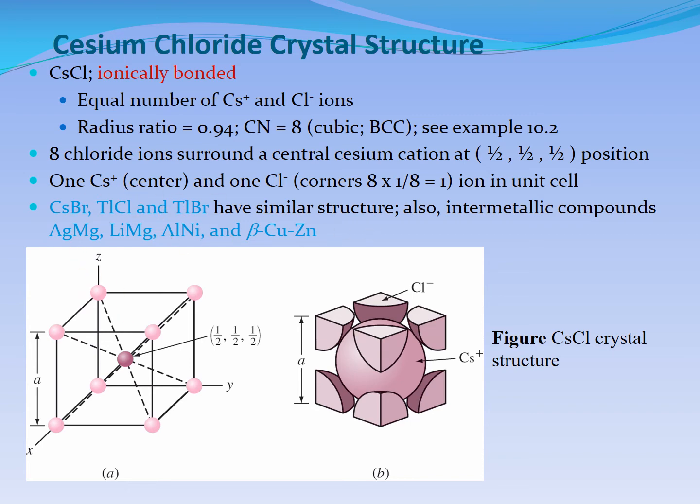So very quickly, this is the cesium chloride crystal structure of a ceramic. Remember, earlier this would be all same, all iron, all aluminum, all nickel, but this time the central one is cesium, the outer ones are chlorine, or the central one is chlorine, the outer ones are cesium. It does not matter because it is 1 to 1.